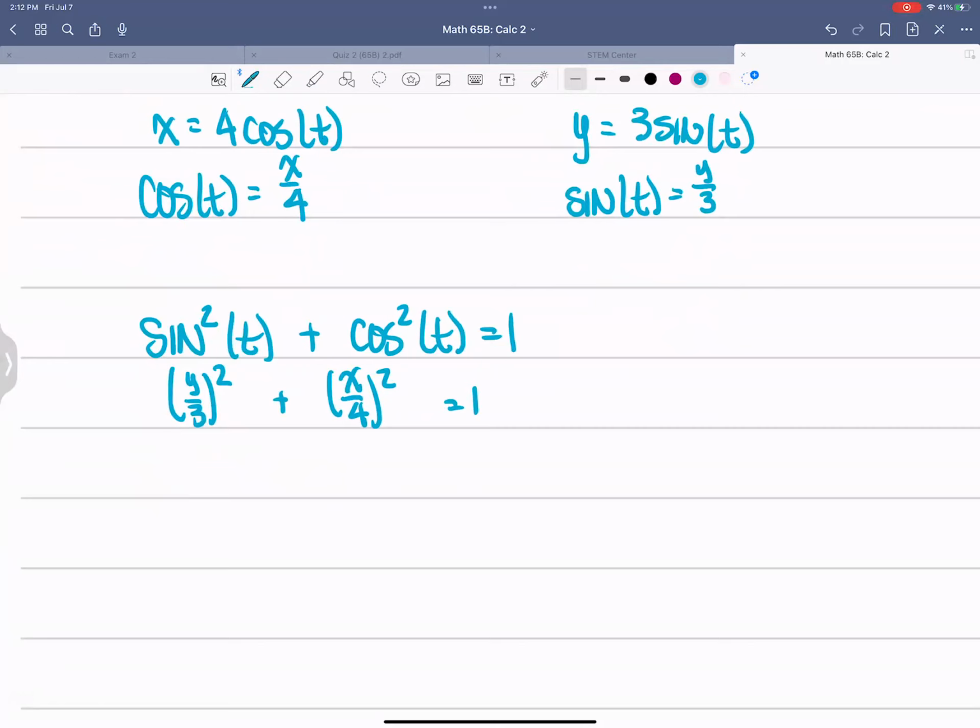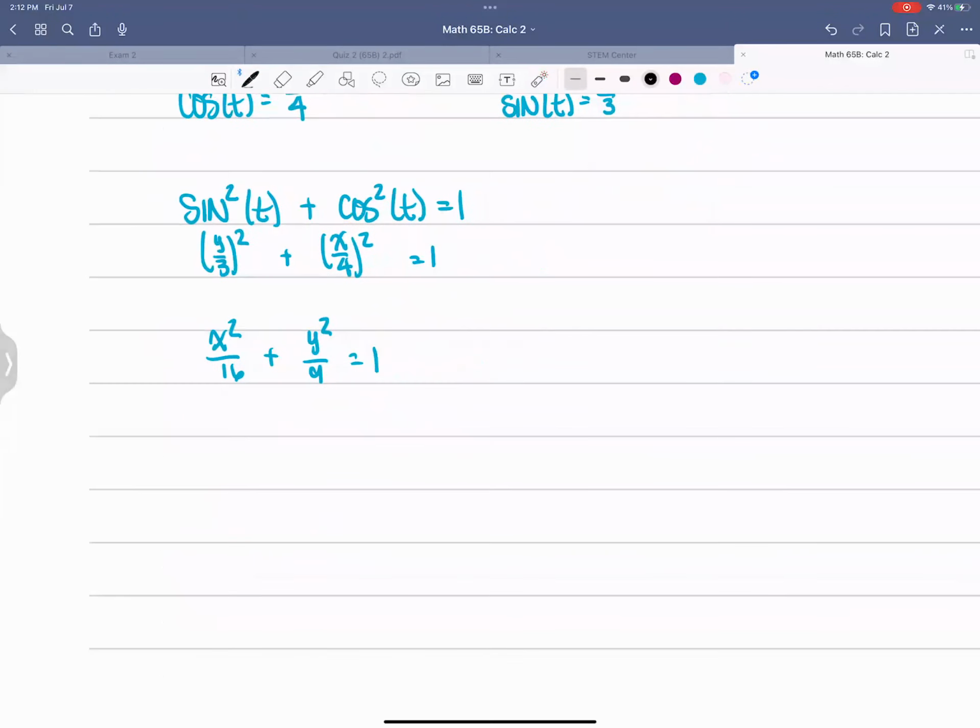Let's fix it up because what we have here is an ellipse. X squared over 16 plus y squared over 9 is equal to 1. That's an ellipse with a major axis on the x-axis, 4 and 3. So we come over here.